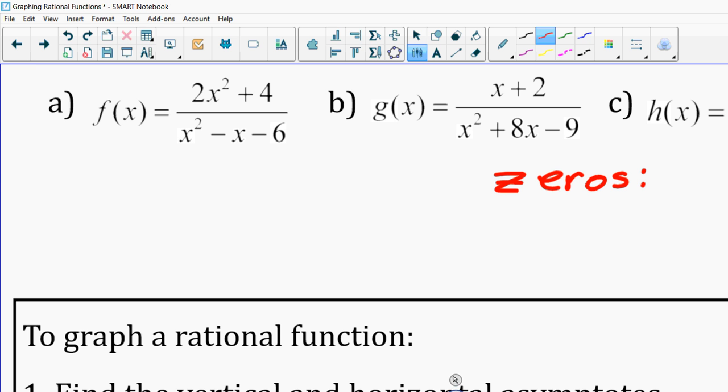Plus or minus 1, right? Because remember, if you said x squared minus 1 equal to 0, how could you solve that? You could add 1 to both sides and square root, so you'd have x equal plus or minus 1. Or you could say, oh, x squared minus 1 is a difference of two squares. So we've got two zeros.